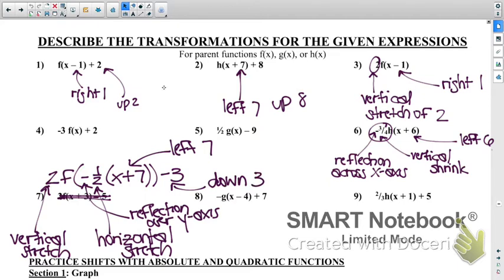Yes? Because when you multiply anything on the inside, which is all of this, when you multiply the x values by a negative number, it flips it over the y-axis because it changes the side of the x's. Over the y-axis because it's negative? Yes. So if it was a positive 1/2, it would just be a horizontal stretch. Like usually on a regular graph, the number's higher, it goes like that.